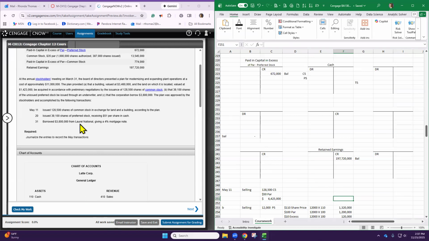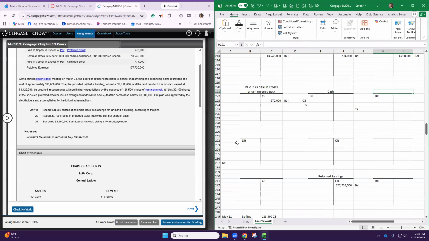So one more time, we're getting land and a building according to the plan. So the building is $3,460,000. Let's put the building here. And then we're getting land.